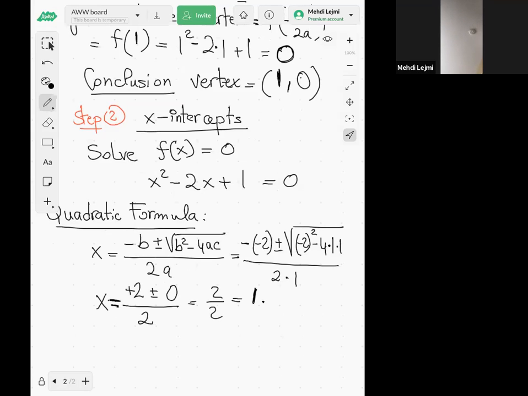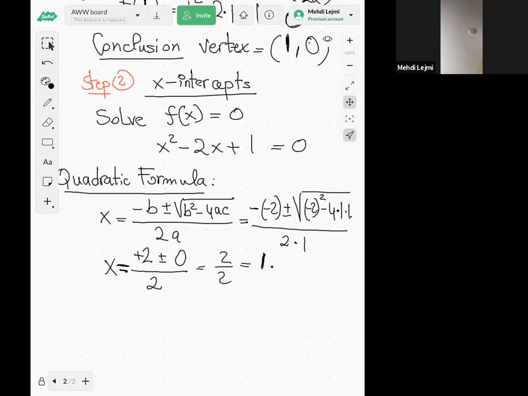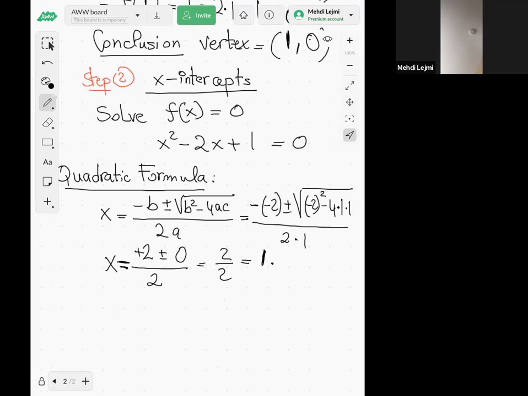So my x-intercept, the x is 1. And remember, guys, for the x-intercept, the y is always 0. Your answer should be using the points notation. So the x-intercept is (1, 0), because y is always 0 for the x-intercept.